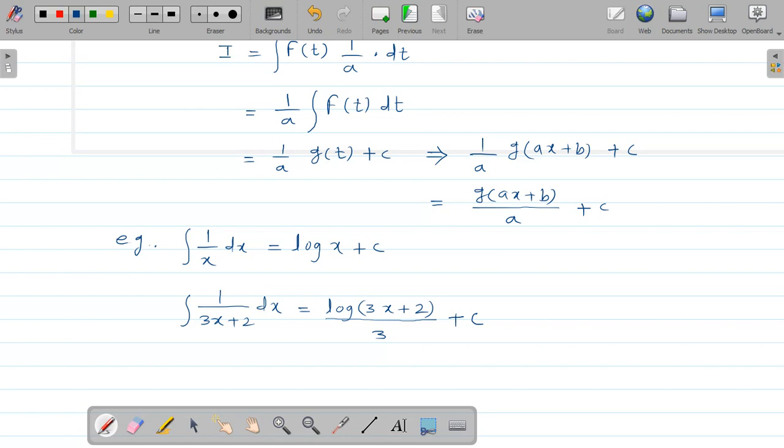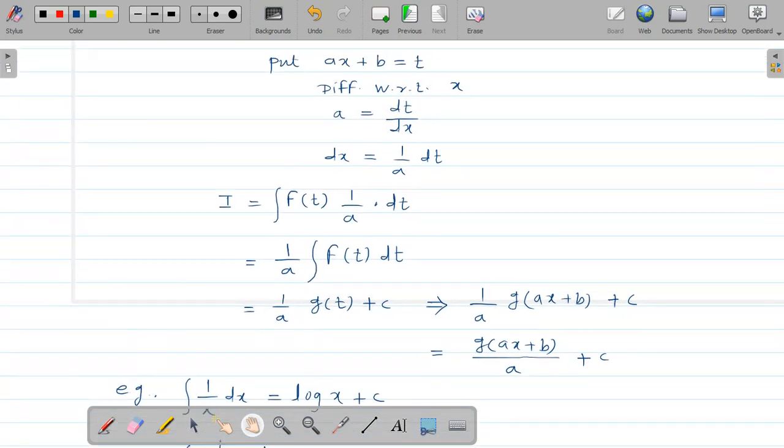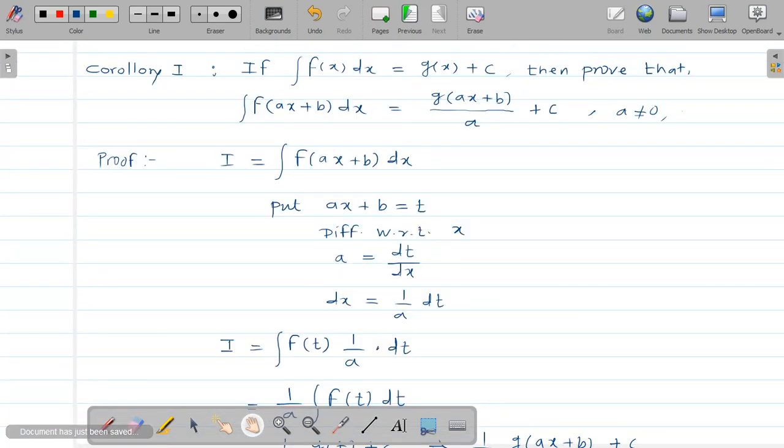So as the integration of 1 upon x is log x plus c, the integration of 1 upon 3x plus 2 will be log of 3x plus 2 upon 3 plus a constant. Just like here it is mentioned that the integration of f of x dx is equal to g of x plus c, so the integration of f of ax plus b dx is equal to g of ax plus b upon a plus a constant.